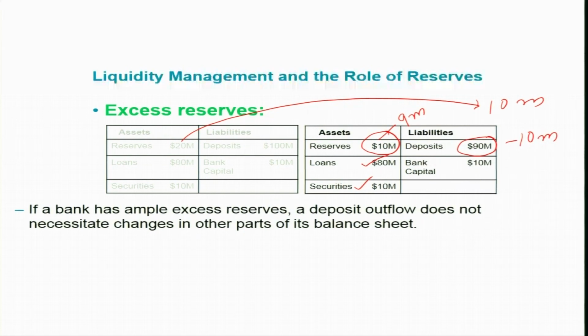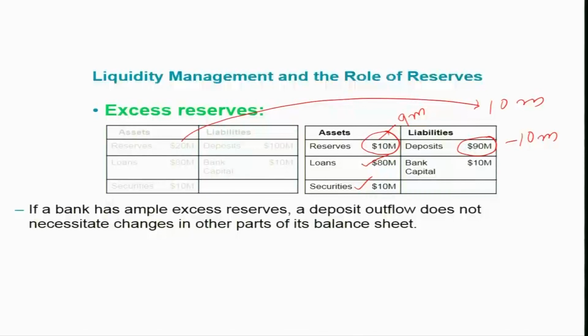However, in the next session we will cover that it has some opportunity cost, mainly because keeping money in excess reserve means foregoing income, that is, foregoing investment of this fund. But for the moment we are just focusing on liquidity management, saying that keeping excess reserve works as a cushion against sudden deposit outflow.